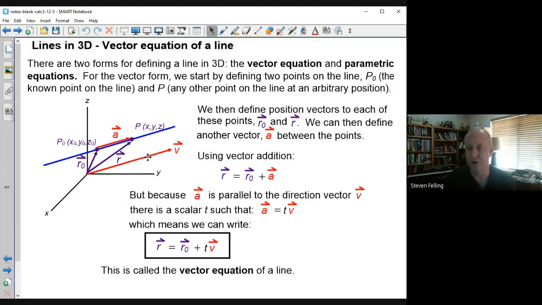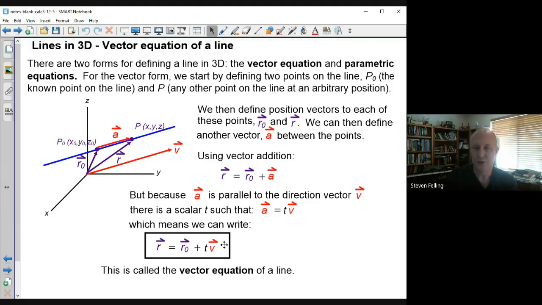It may be smaller, it may be larger, but we know that there's some scalar, which we're going to call t, such that we could get the vector a by multiplying the direction vector v by this scalar multiplier t. And if we do that, then we can replace the a with t times v in this equation. And that means that the generic position vector r is the initial position vector r0 plus some constant times the direction vector v. And this form is called the vector equation of the line. Okay?